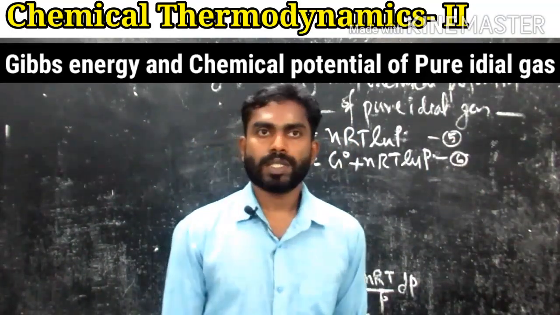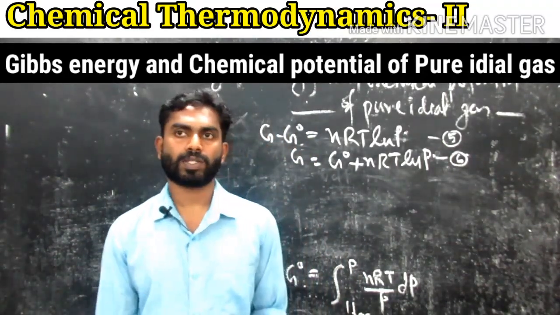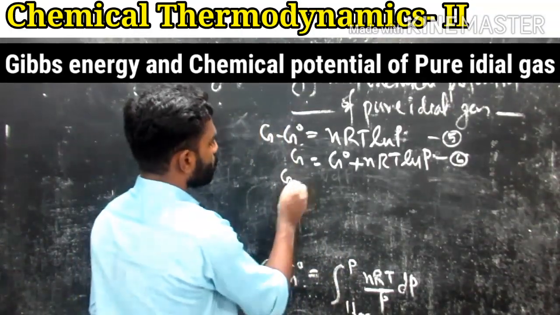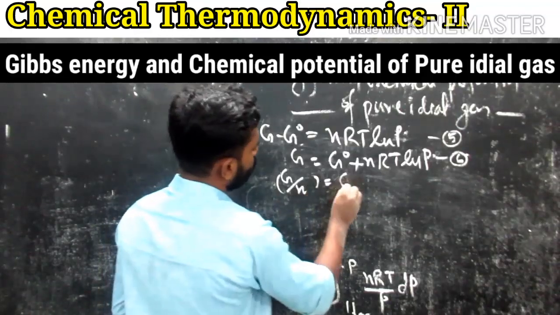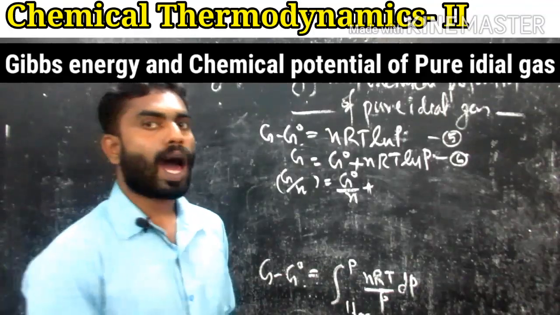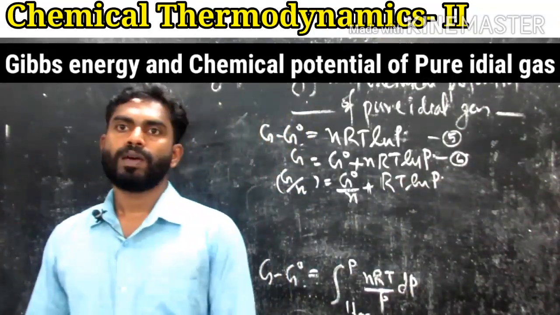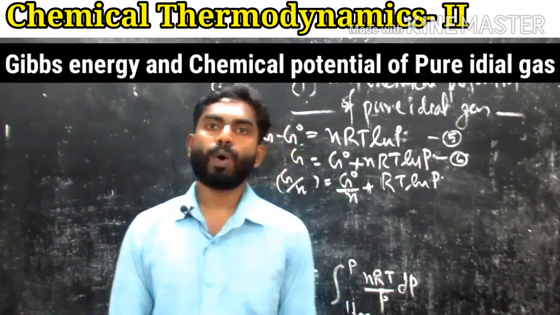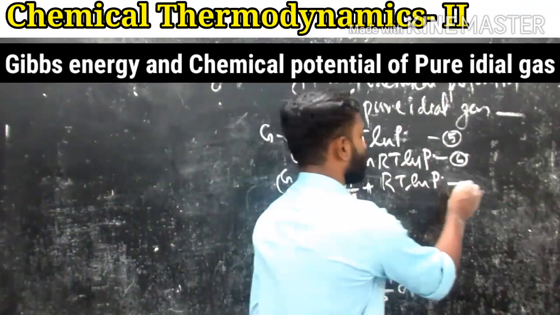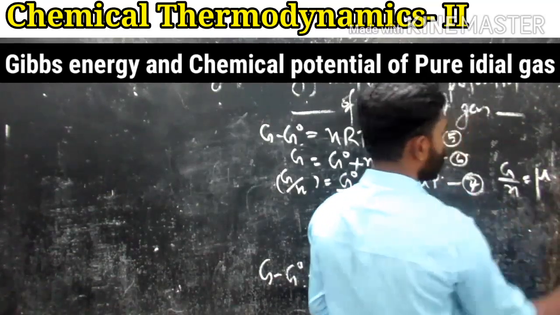Equation 6 shows the relationship between G and G0 for an ideal gas. Rearranging equation 6, we can get G by n is equal to G0 by n plus RT ln P. Since the Gibbs energy per mole is regarded as chemical potential mu, equation 7 can be written with G by n equal to chemical potential mu.